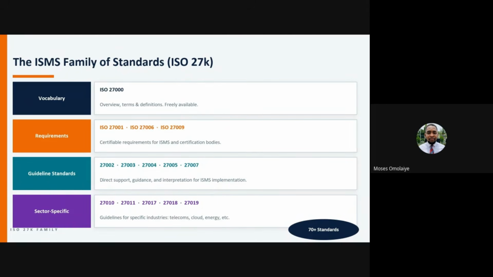And in the 27000 family, the 27001 is basically the only standard that is certifiable, that an organization can certify to. The other ones, you could get things like attestations, but for certification, it's the 27001.